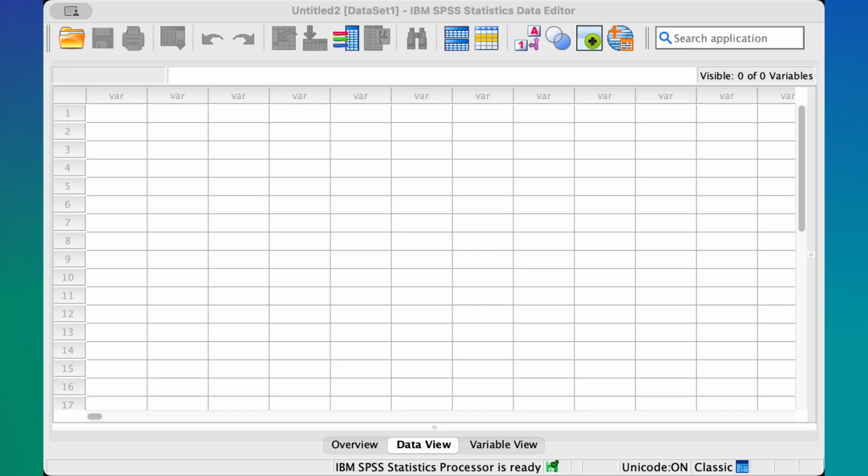So we'll enter our data into SPSS with 2 columns. The first column is your independent variable, which we're labeling as no intro or intro. So code 0 for students who did not take the intro course and 1 for students who did take it.